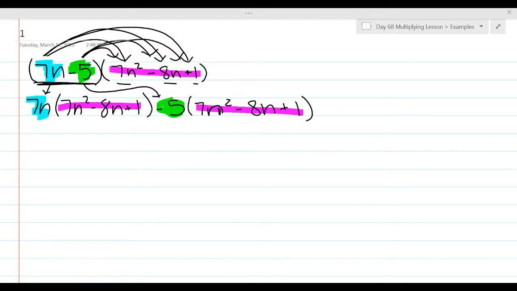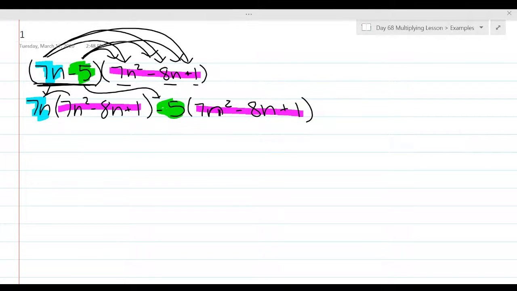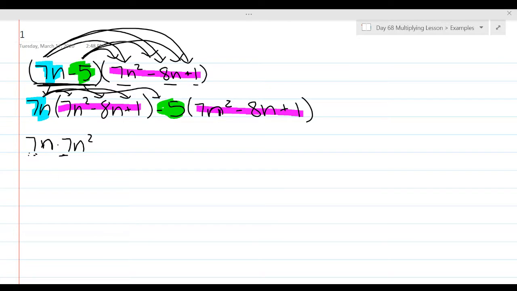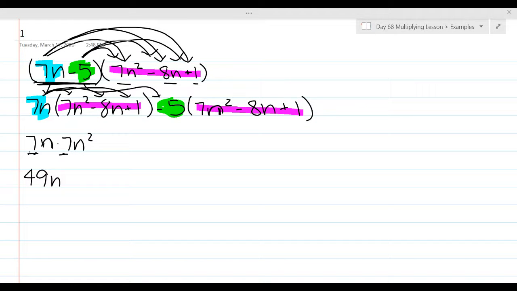So now that I rewrote it, we're going to just distribute our 7n to everything inside the parentheses. So we got 7n times 7n squared. So multiply your coefficients. You're going to get 49. And when you multiply these, remember you add your exponent, cubed, right?